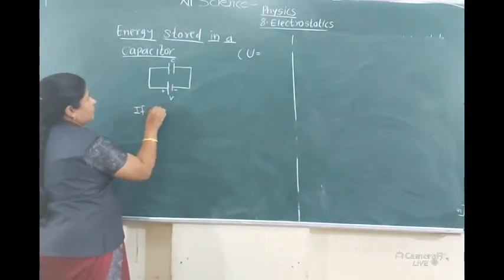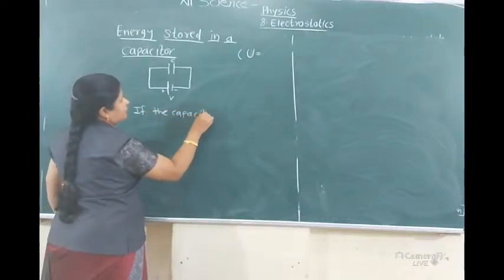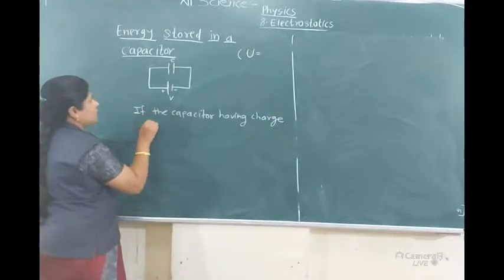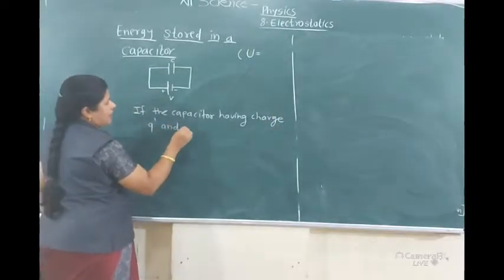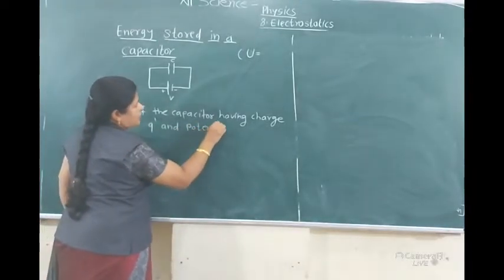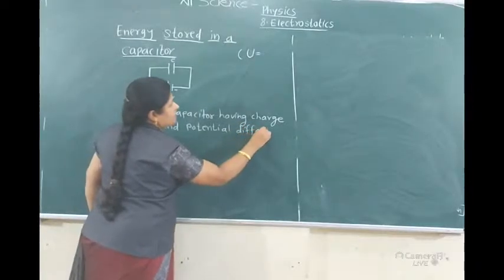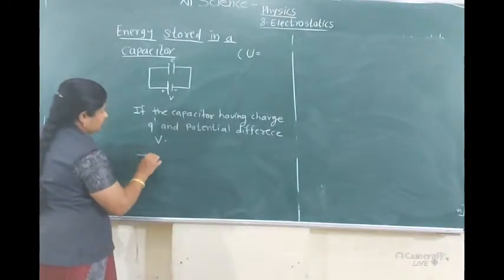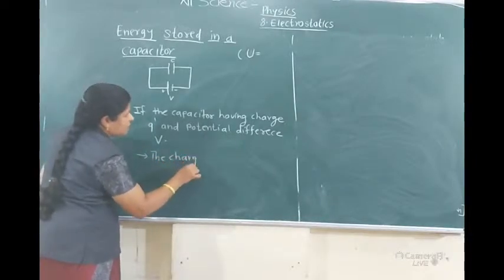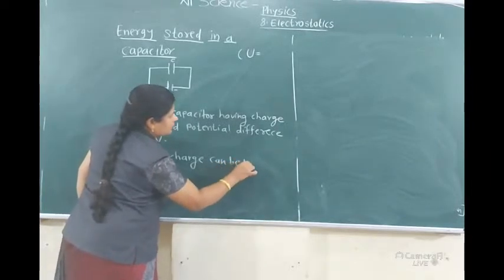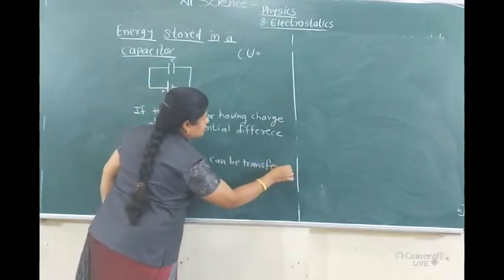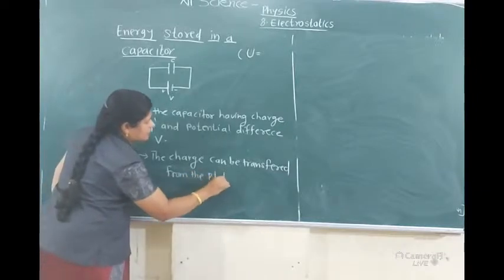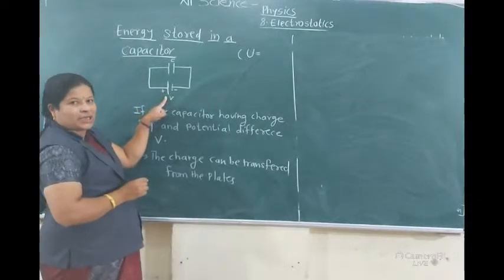If the capacitor has a charge Q dash and potential difference phi, the charge can be transferred from the plates by connecting this potential difference.